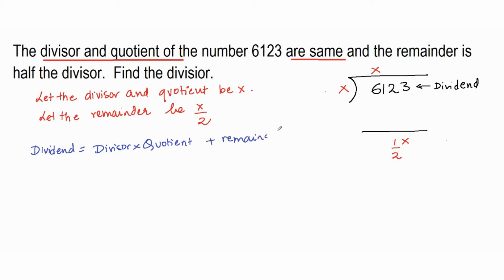This is the relation that we know. The dividend is 6123. So 6123 equals x into x plus remainder x by 2.